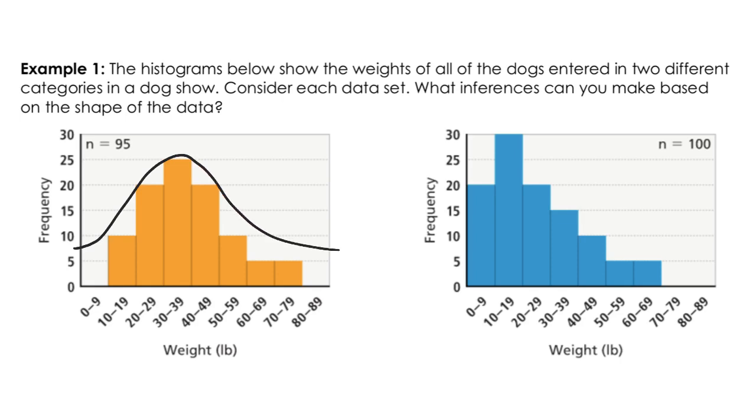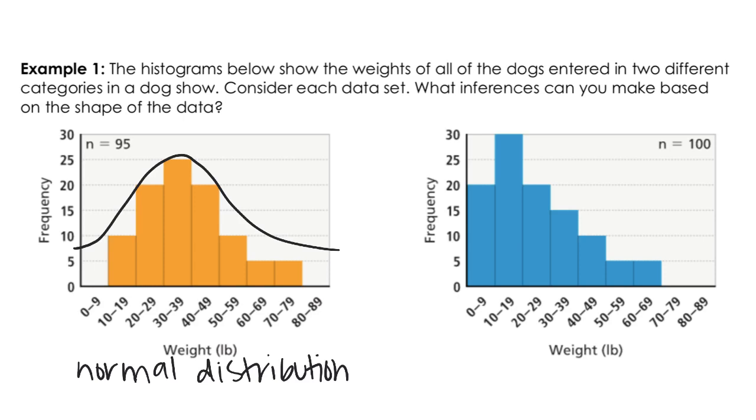Now, on this one, you may say, hey, there's a little bit of a tail on that right side. I would kind of say this first one is a normal distribution. It's not perfectly normal, because remember, nothing's going to be perfectly normal when you're looking at data, but it's pretty darn close. So for that first one, I would say we have a normal distribution.